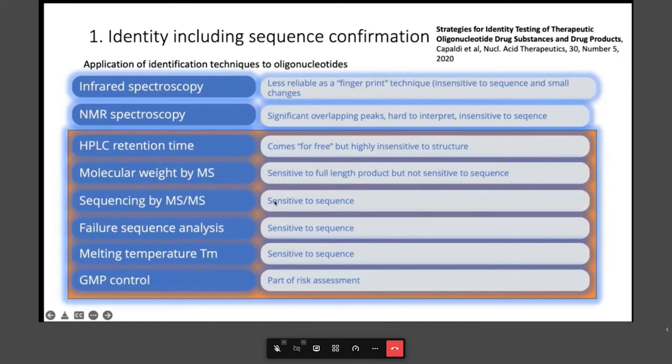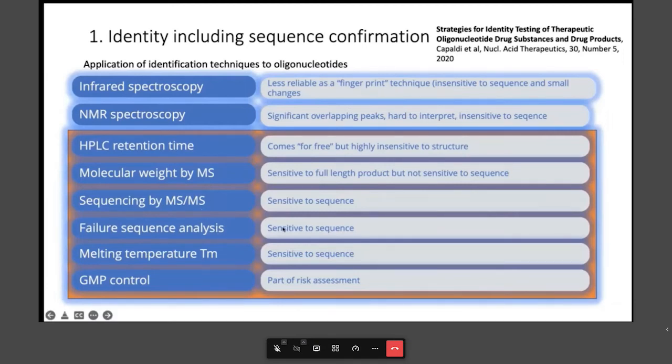So we are then talking about something much more difficult in terms of identity, sequencing by mass spec, but there are other ways of doing it, and we are having a current debate with regulators to try and move to something more QC friendly than high-end MSMS sequencing.